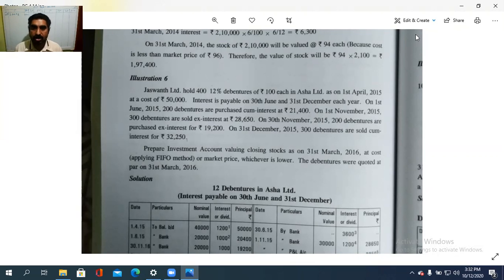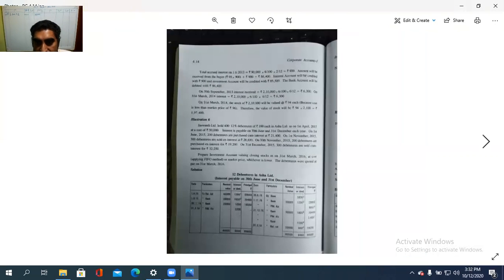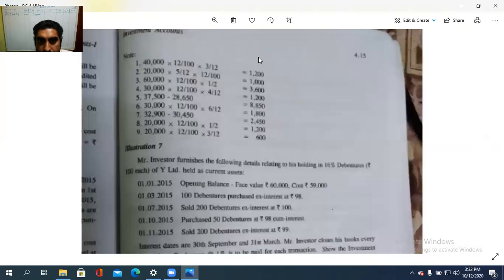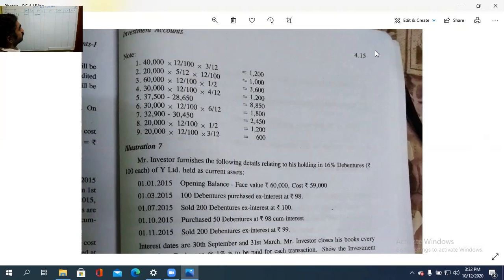Interest is payable on 30th June and 31st December. So how is the interest to be calculated? See, 40,000 is the value. 40,000 into 12 divided by 100 into 3 divided by 12.